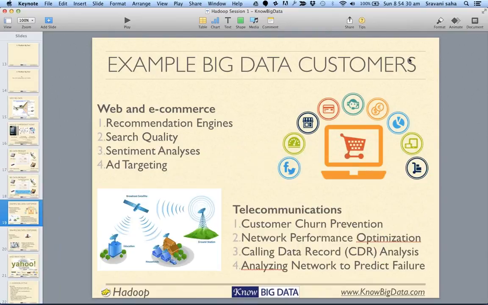Great. Now, there are other use cases such as ad targeting, which are specific to advertising companies such as Google, InMobi, and others. Basically, in an advertising company, on one hand you have advertisers who give you ads.